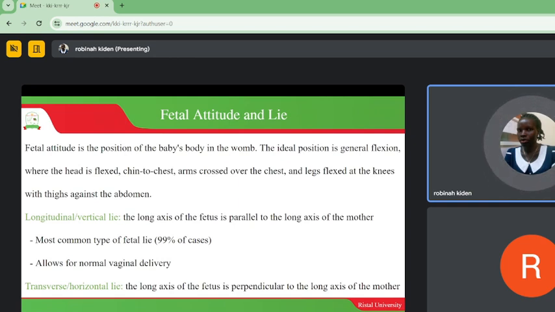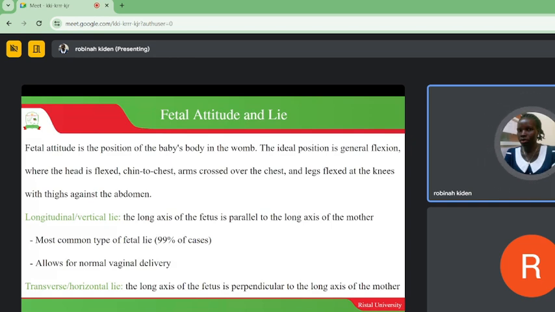This is how we expect the fetus to be positioned in the womb. This position allows for easy delivery of the fetus. This attitude is known as the attitude of complete flexion.